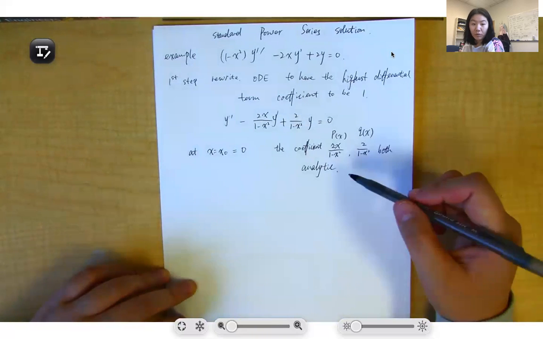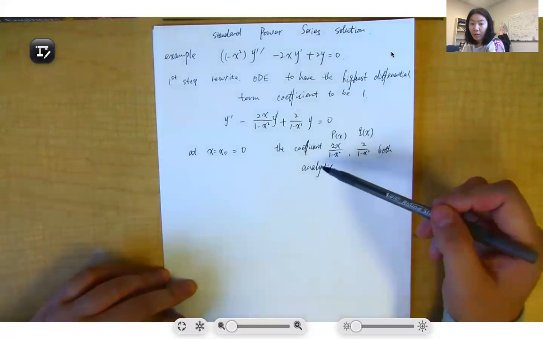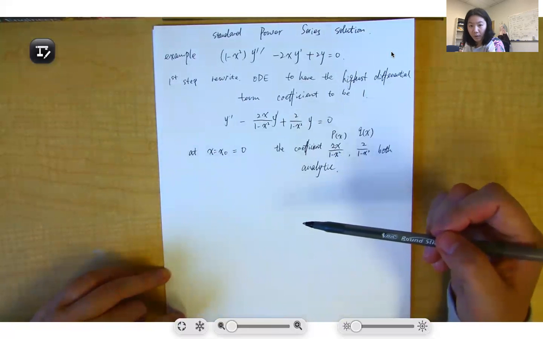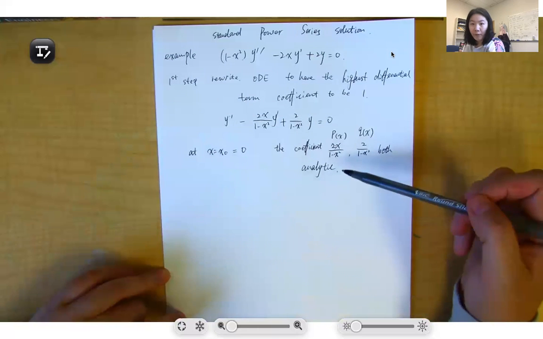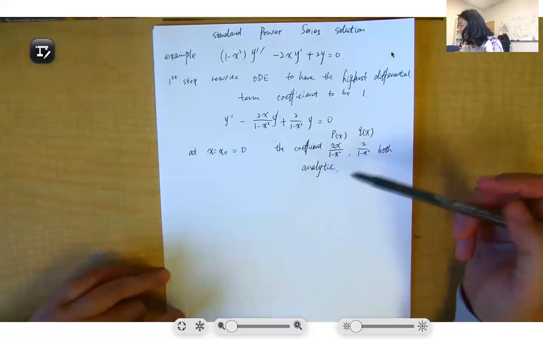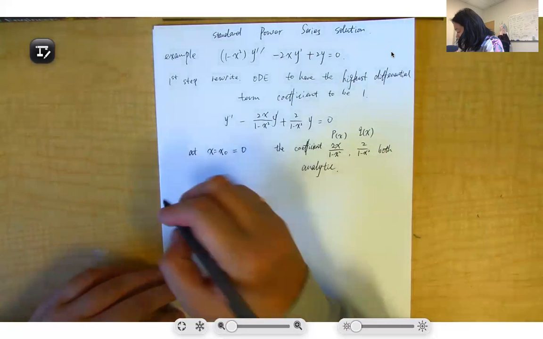Then we can solve using the standard format. If they are not analytic, then we will try to see how the Frobenius method works. If even the Frobenius is not working, then we couldn't solve these equations. Okay, so we have the second step.